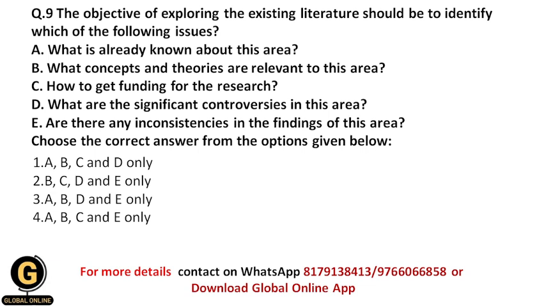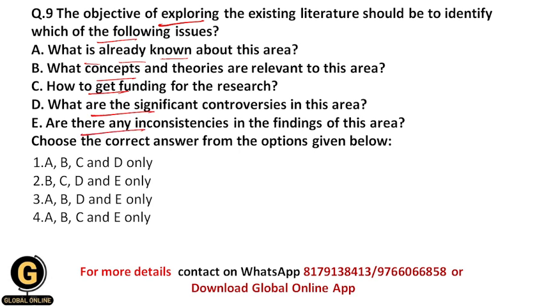Next is, the objective of exploring the existing literature should be to identify which of the following issues. So what is the objective of literature basically? Why do we do the review of literature? What is already known about this area, what concepts and theories are relevant to this area, how to get funding for the research, what are the significant controversies in this area, and are there any inconsistencies in the findings of this area.